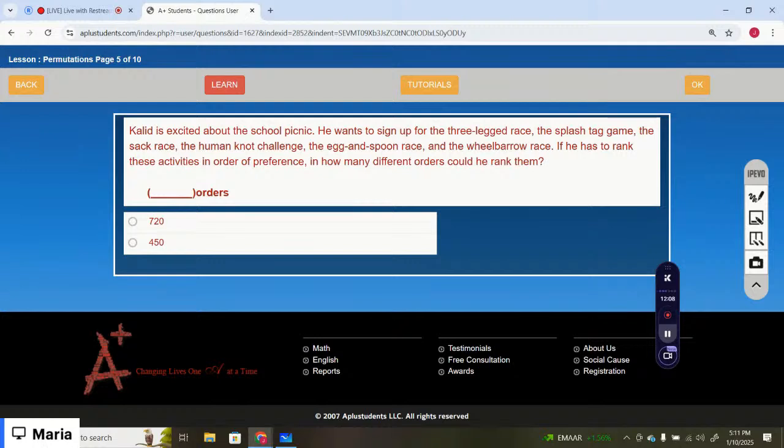Khalid is excited about the school picnic. He wants to sign up for the three-legged race, the splash tag game, the sack race, the heavy knot challenge, the egg and spoon race, and the wheelbarrow race. If he has to rank these activities in order of preference, in how many different orders could he rank them? So, which is the correct option?